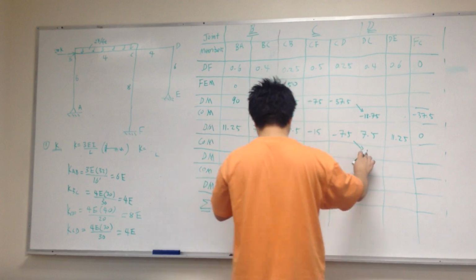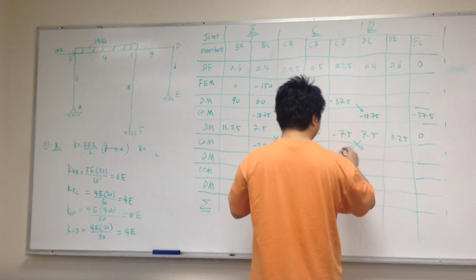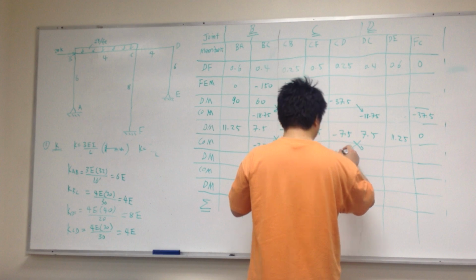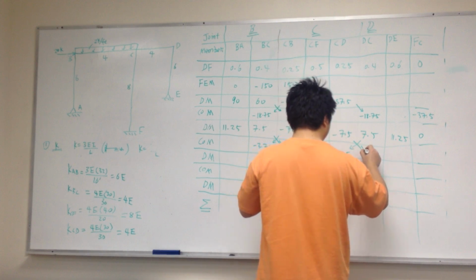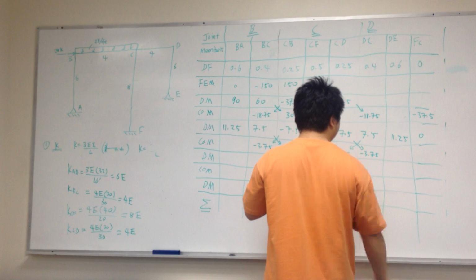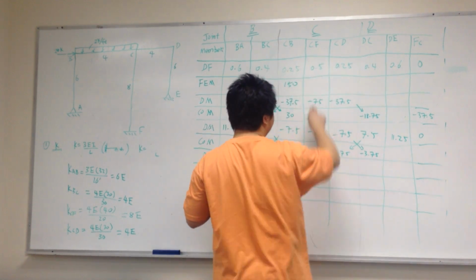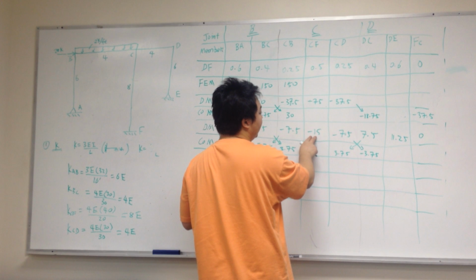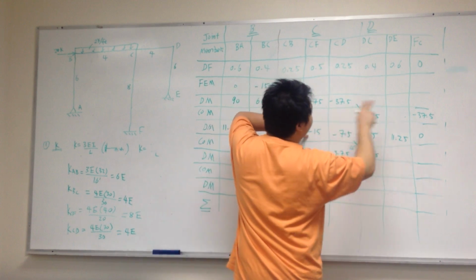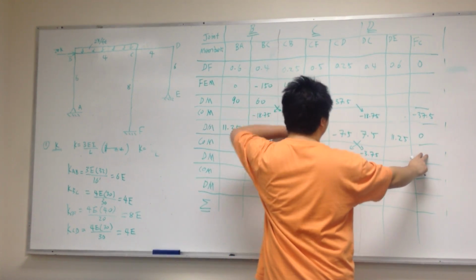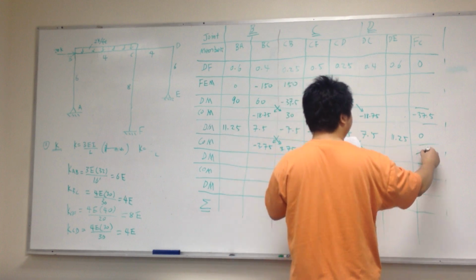So you're gonna have 3.75, negative 3.75. And for CF, this is carry over to FC, and you have to divide by 2, so you're going to have negative 7.5.